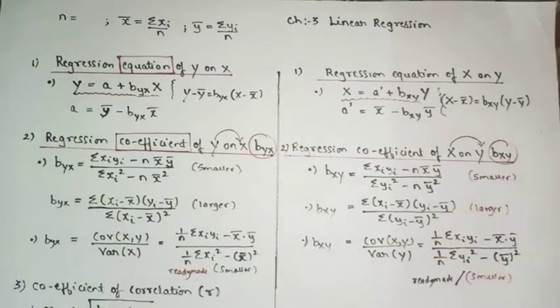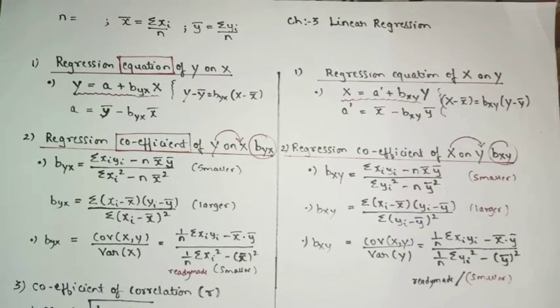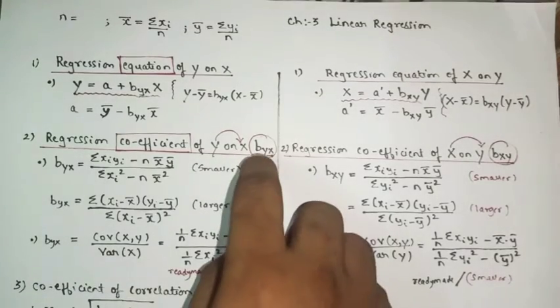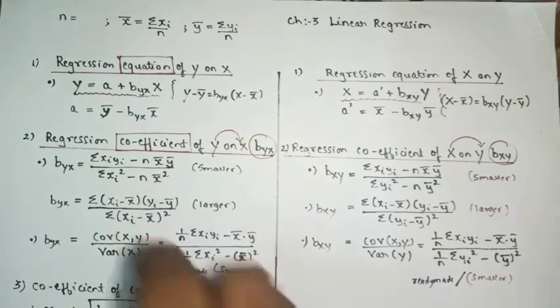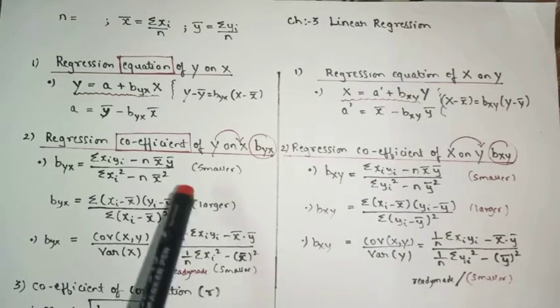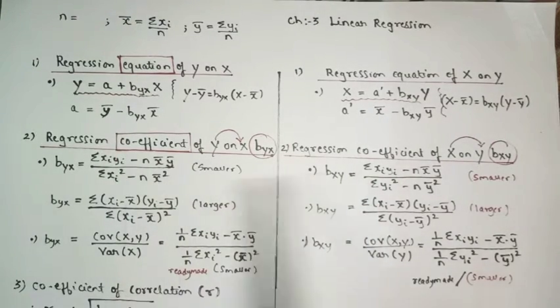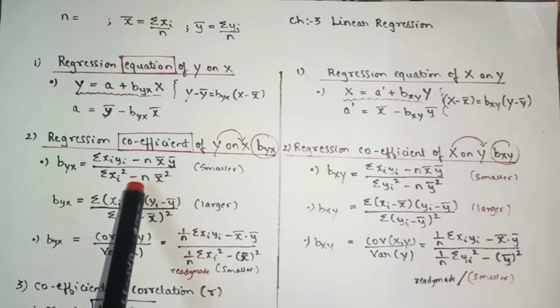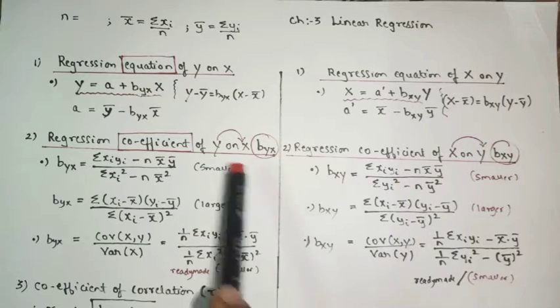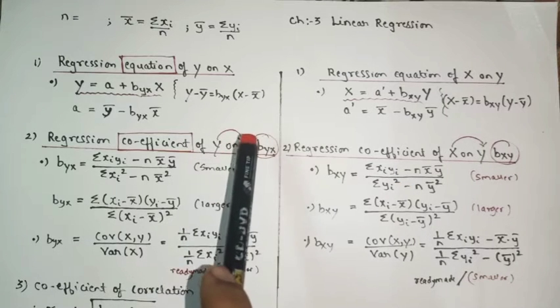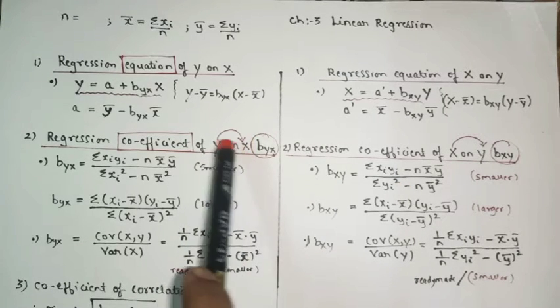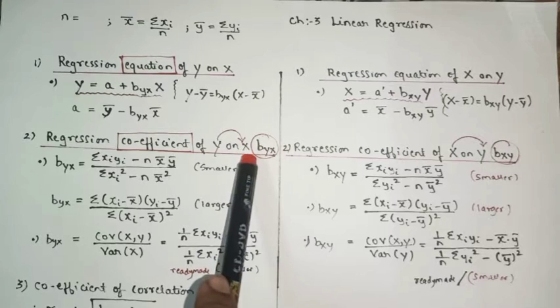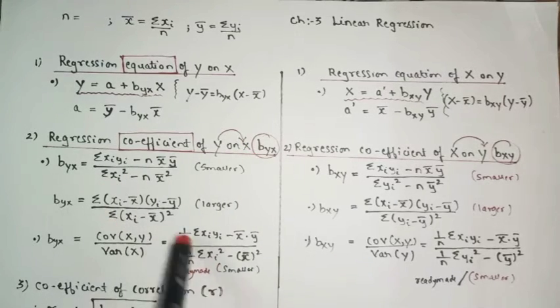Okay, so now we got the idea how to find byx. For byx there are three formulas. In both the cases the numerator section is the same. What changes? The denominator. So remember, whenever it is y on x, the pressure is on x, so x will come in the denominator.